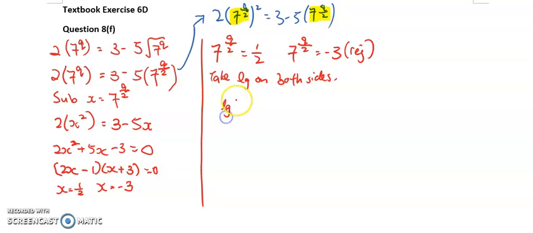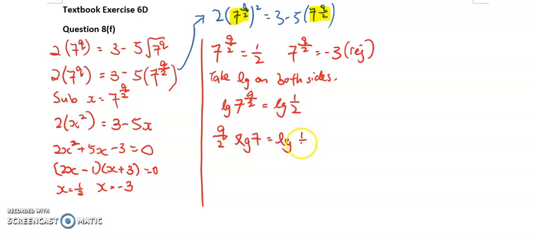So log of 7 to the power q over 2 equals log half. Then we bring down the power: q over 2 times log 7 equals log half.